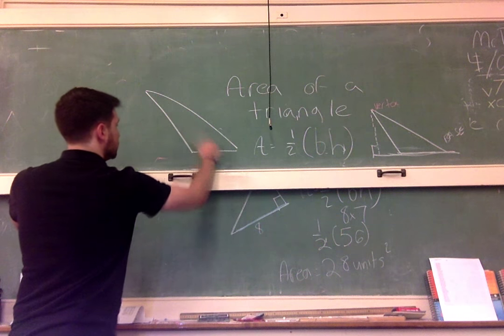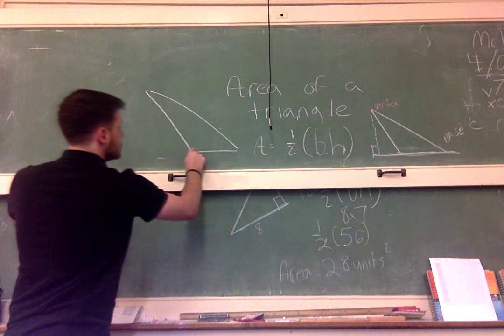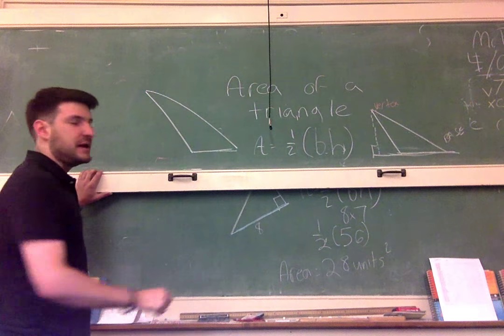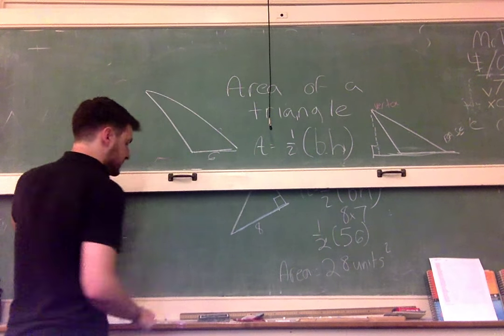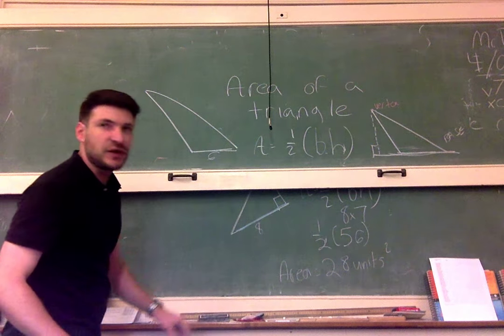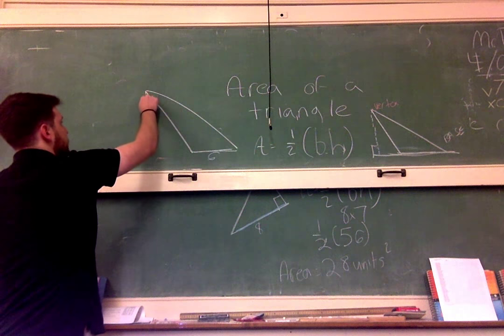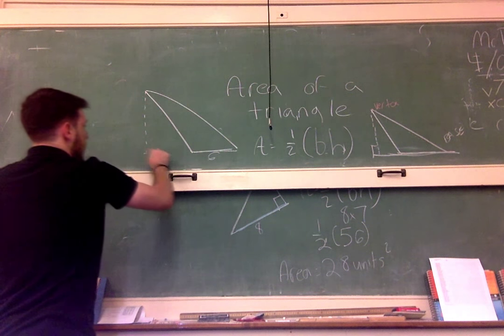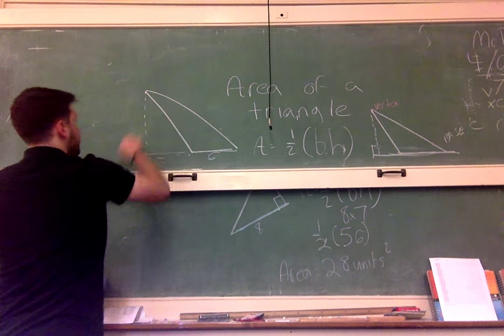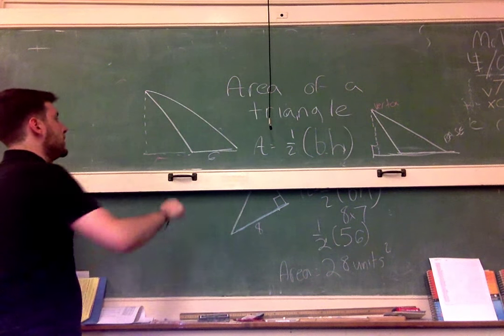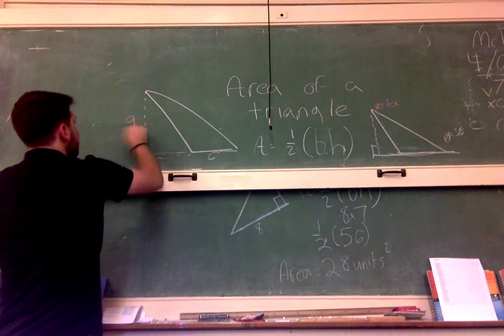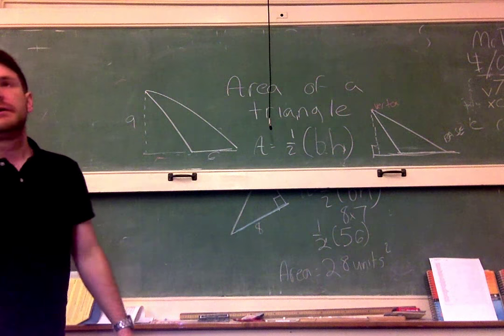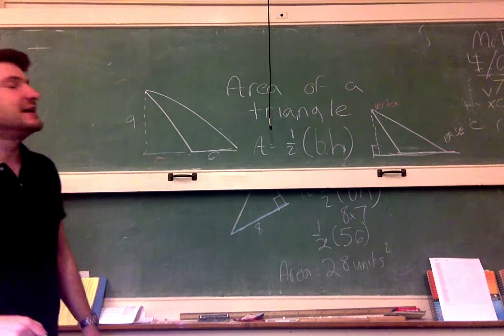Okay. That'll work. This is my base. My base is going to be 6. I don't have a height, so I need to make one. Obviously, they're going to give it to you. I'll go to my vertex, straight down. They're going to give me a height, and my height of this one is going to be 9.